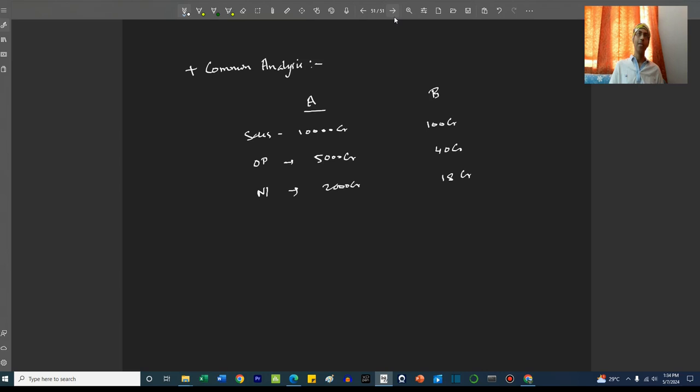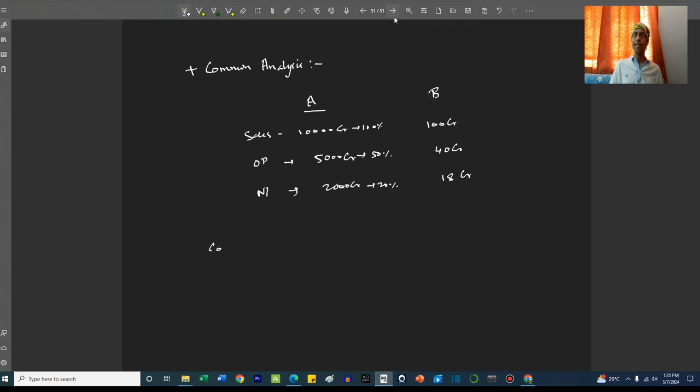So if we divide 10,000 by 10,000, we get 100%. If we divide 5,000 by 10,000, we get 50%. If we divide 2,000 by 10,000, we get 20%.